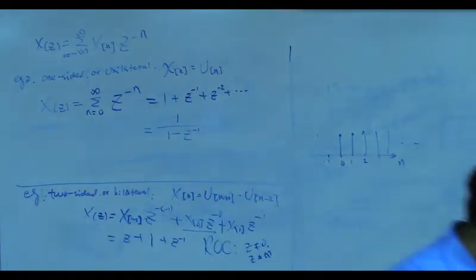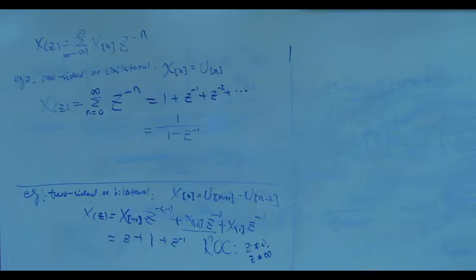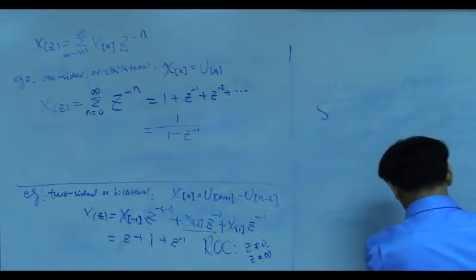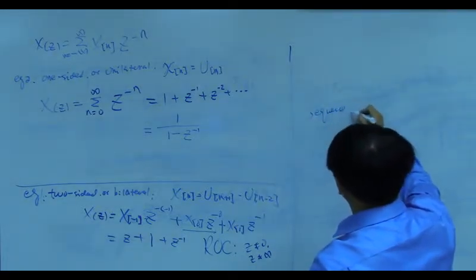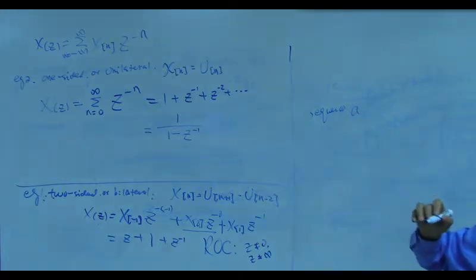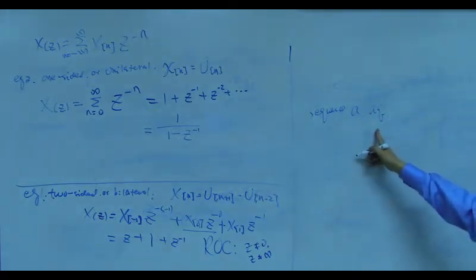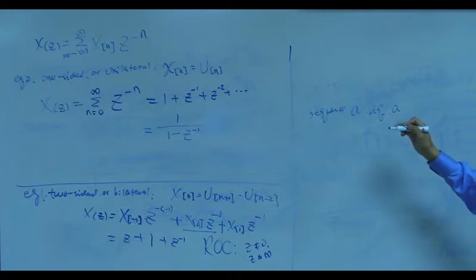I list the sum formula because you are going to use this in your homework or in the test, so you need to know that. For a geometric sequence, the first term is a, the second term is a times q, the quotient. What's the next term? a times q squared, right?